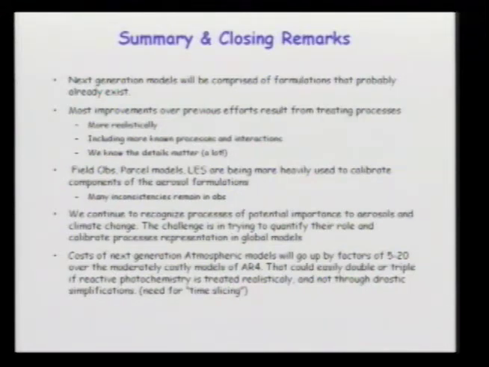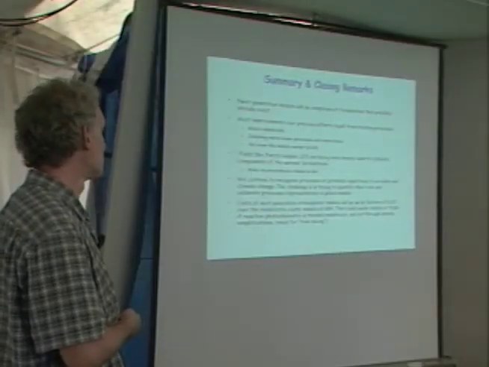Every day people come up with a new mechanism for the potential importance of aerosols to climate change problems. There are challenges in trying to quantify their role and to calibrate these mechanisms, most of which I believe really exist in global models.